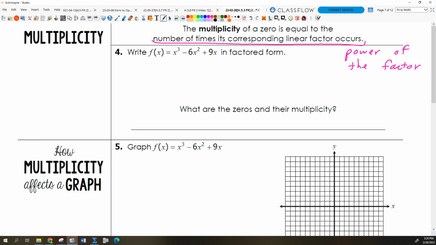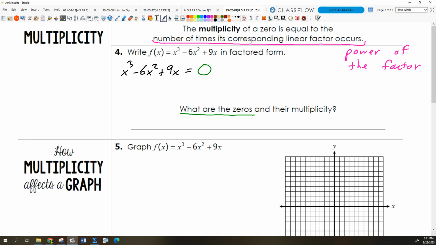If we want to find the zeros, it's asking us, what are the zeros? Well, that means we're going to take this function and set it equal to 0 and solve.